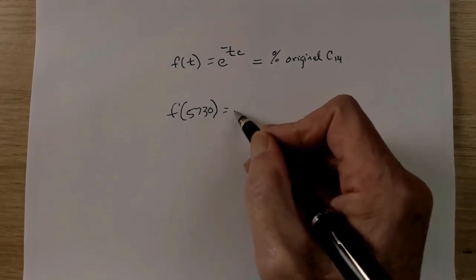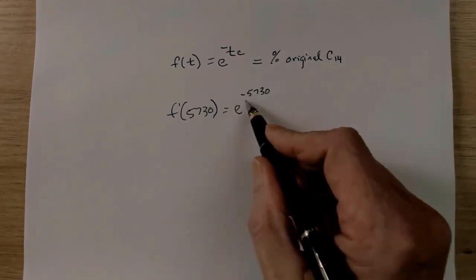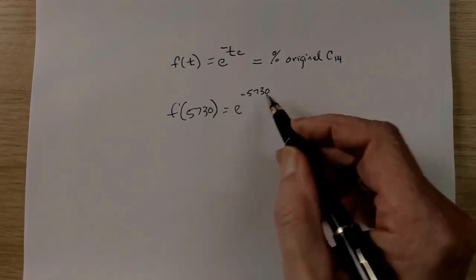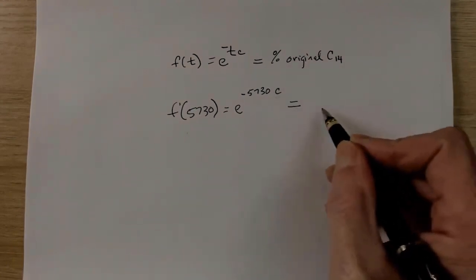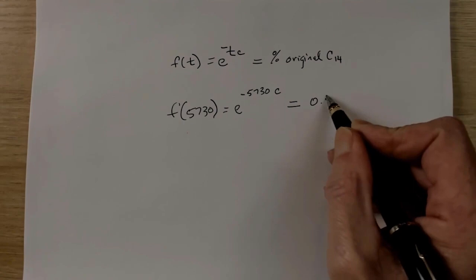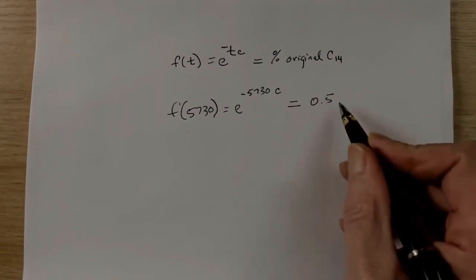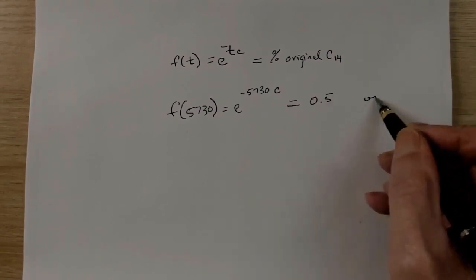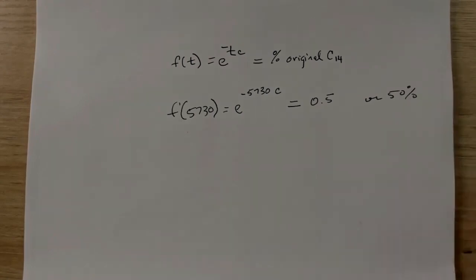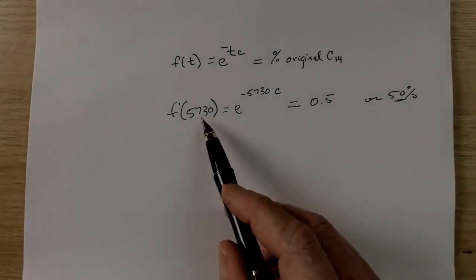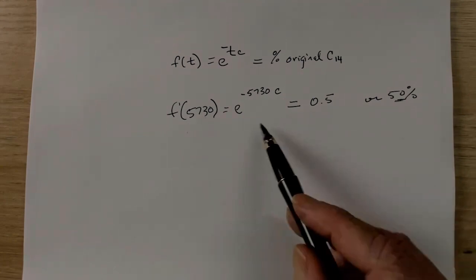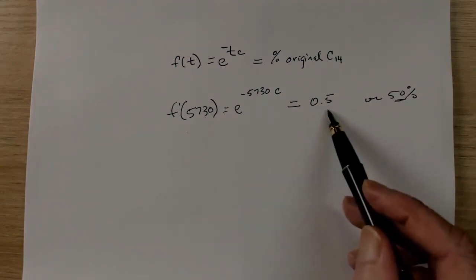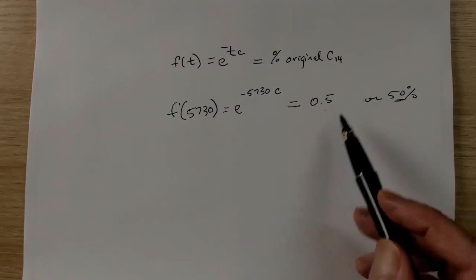And that will equal e raised to the negative 5,730 times this constant c, and that will equal 0.5 of the original carbon-14, or 50%. Now the half-life of carbon-14 is 5,730 years, and that's the time it takes for half of the carbon-14 in the sample to go away.